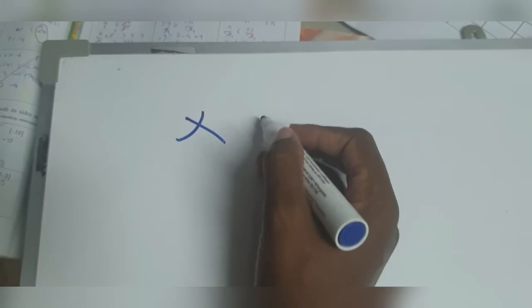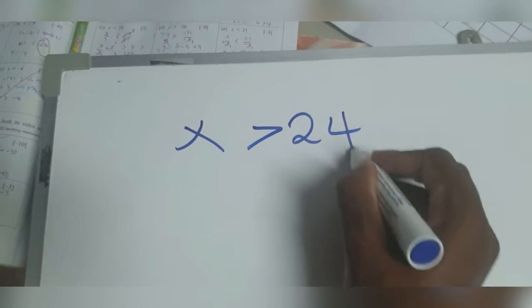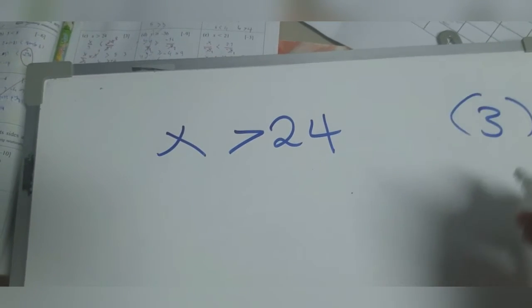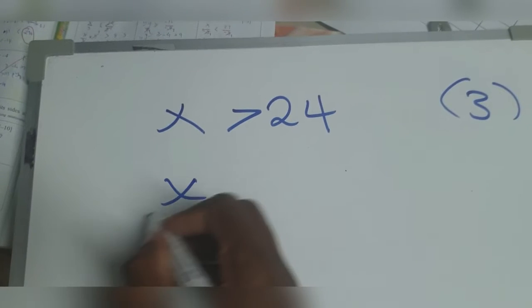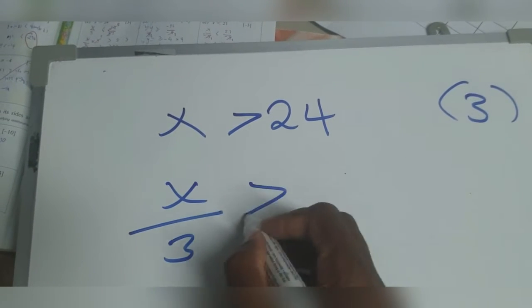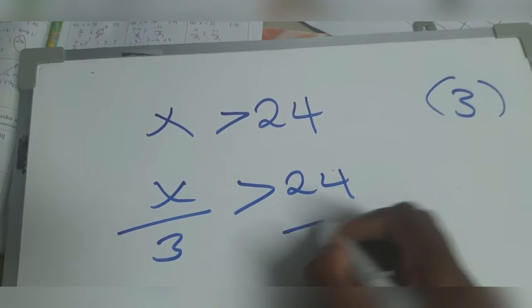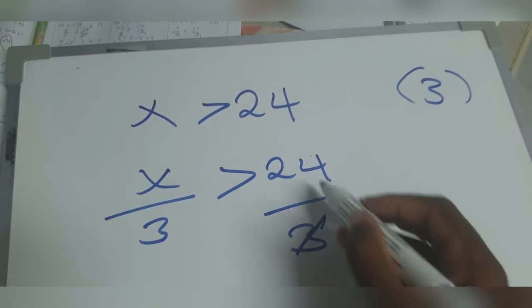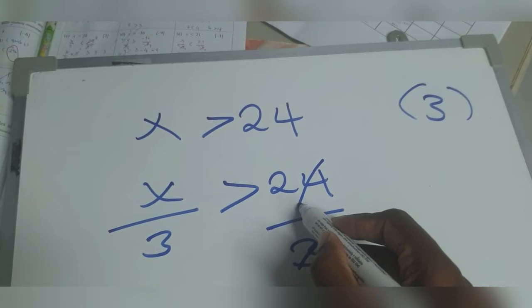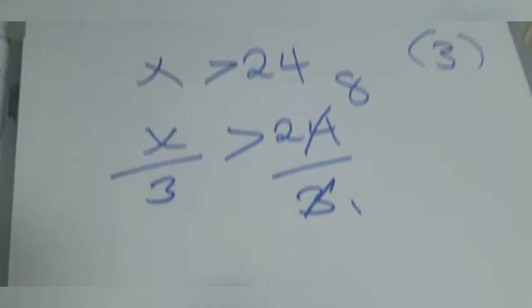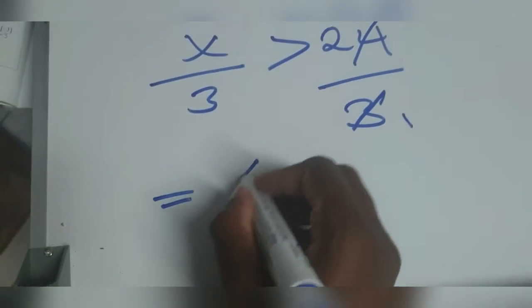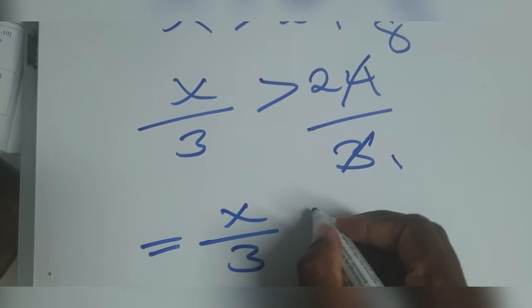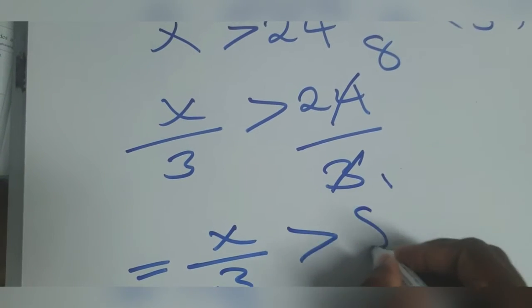Good. So let us try part C. We have x is greater than 24, and we have 3 on the side. So x over 3 is greater than 24 divided by 3. How many times does 3 go in 24? 8 times. So you have x over 3 is greater than 8.